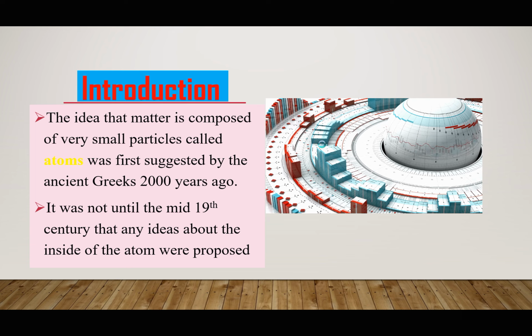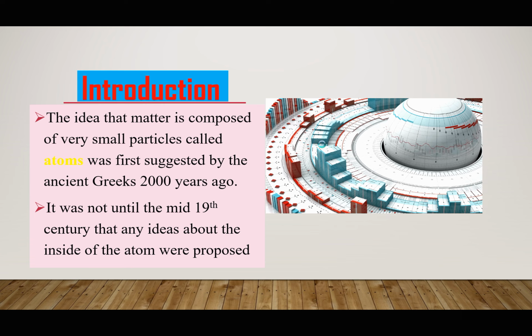The first person we shall discuss here is the English scientist J.J. Thomson. J.J. Thomson was the first scientist to suggest what makes up an atom. Rather than just thinking that atoms are the smallest particles that make up matter, J.J. Thomson was concerned about describing what he thought makes up the atom.